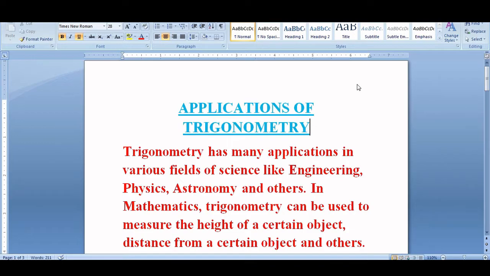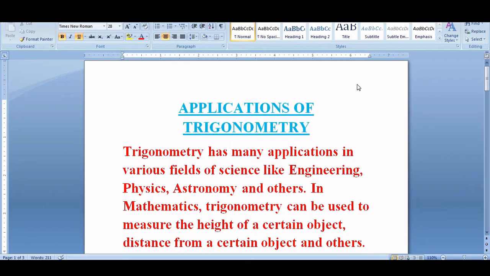In my first video of trigonometry, I already discussed that trigonometry has innumerable applications, not only bounded to mathematics, but also in various other branches of science, like engineering, physics, astronomy, and others.